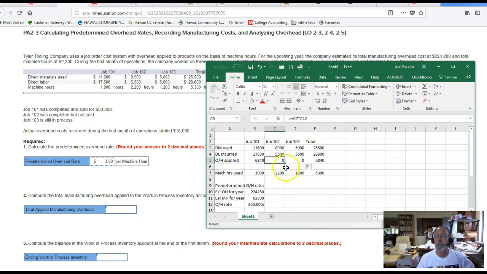Nope, it didn't work. What do we do wrong here?